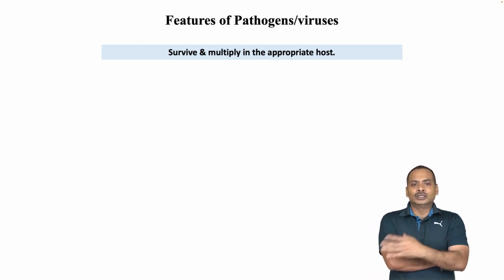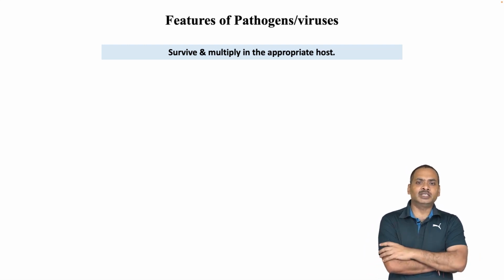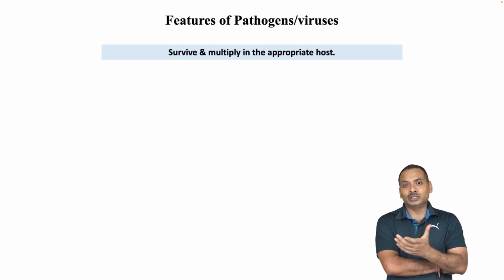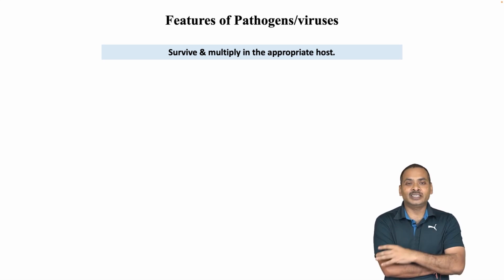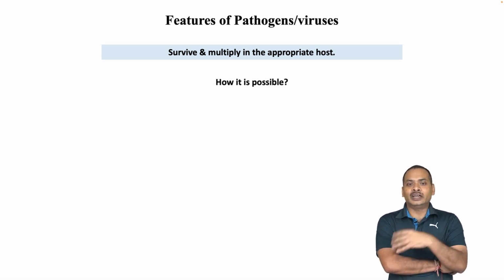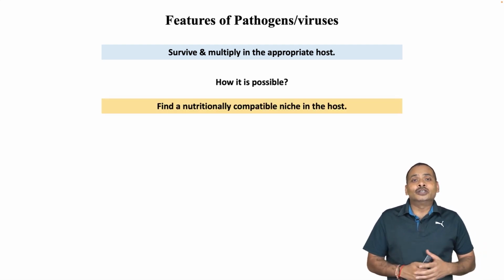So pathogens or viruses survive and multiply in an appropriate host. They want to live, so in order to live, they have to infect. This is the aim of any pathogen or virus. And how is it possible?